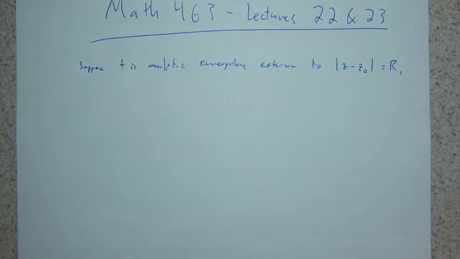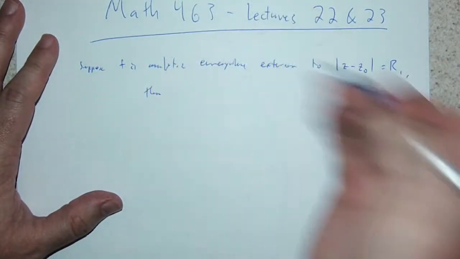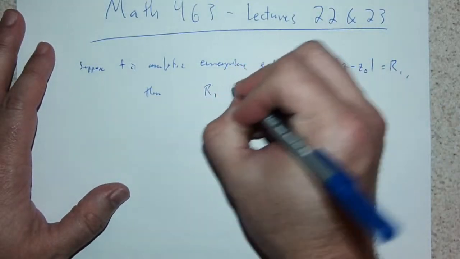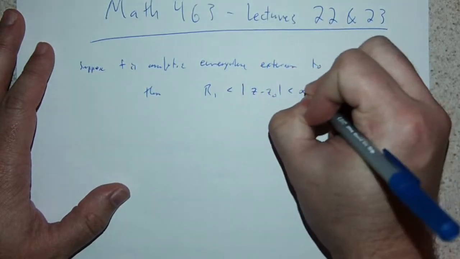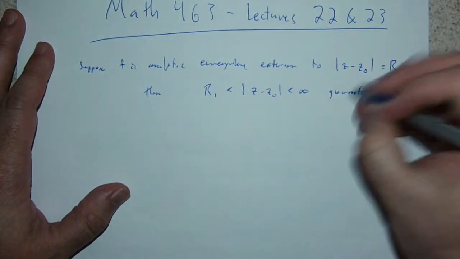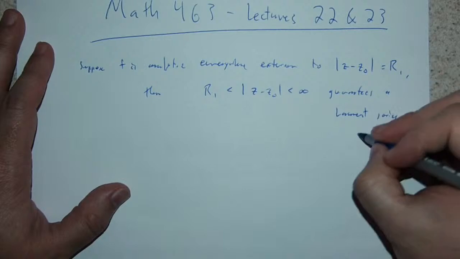Then the condition of validity, which is the condition where we have a Laurent series, is this one. This condition guarantees a Laurent series of f.